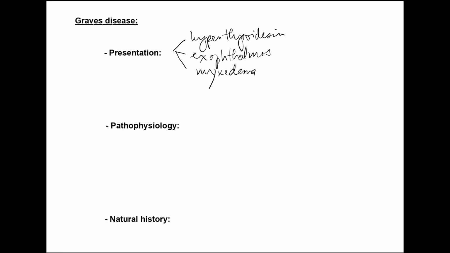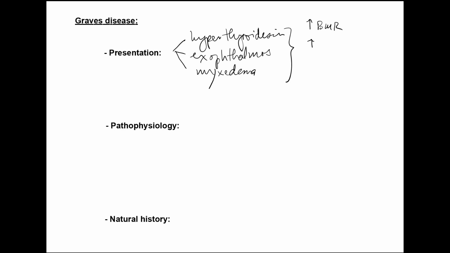Note that Graves' disease is going to present with hyperthyroidism or thyrotoxicosis, exophthalmos, and pretibial myxedema. These will correlate as well with the symptoms which we've discussed that are going to group into those that have an increase in BMR. So that's the warm, sweaty hand, the weight loss despite appetite, and the heat intolerance.